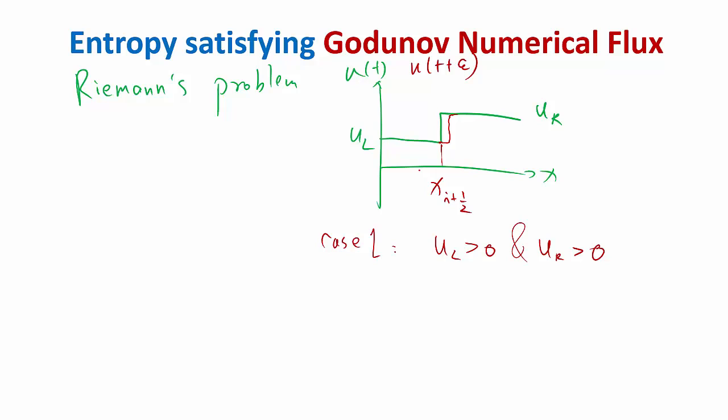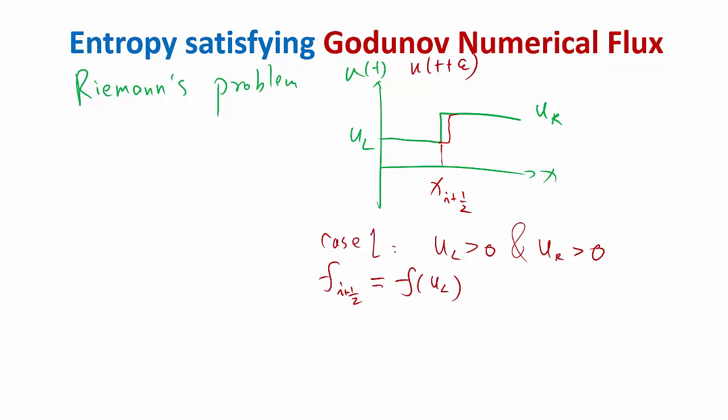UL, right. And that is the value of the Godunov numerical flux. So f of I plus 1 half is equal to f of UL. The Godunov flux basically takes the flux of the analytical solution after infinitesimal time.